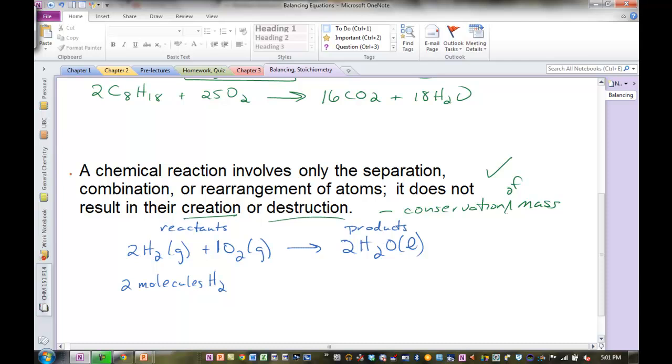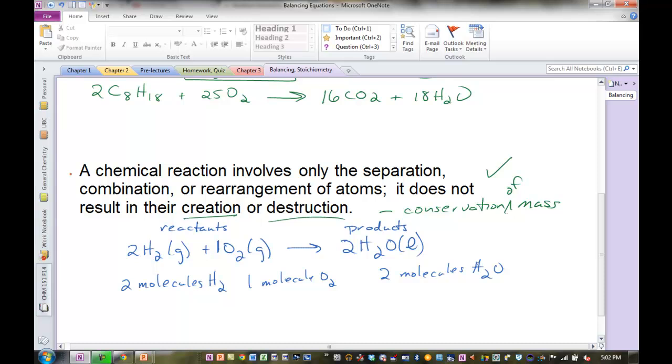Okay, 2 molecules of hydrogen reacting with 1 molecule of O2 to produce 2 molecules of water. All right, there's your coefficients. That's fine. That's true. 2 molecules of hydrogen react with every 1 molecule of oxygen to produce 2 molecules of water.